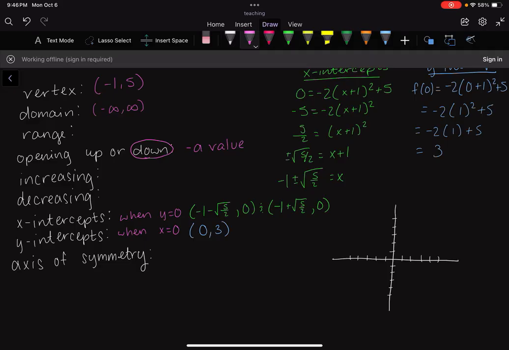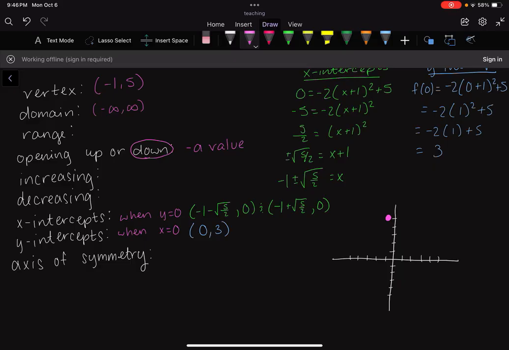So I have the vertex is negative 1, 5. So that's pretty far up here. The other points that I've gotten, I have these two x-intercepts. Okay, they're ugly. They're really ugly to work with. But pay attention to what it's saying.